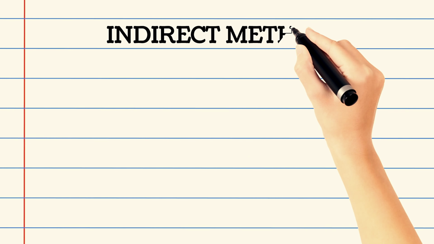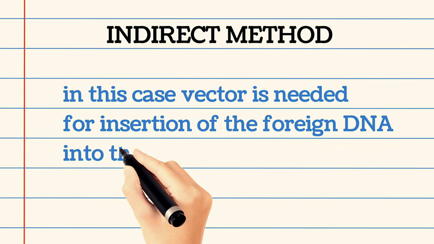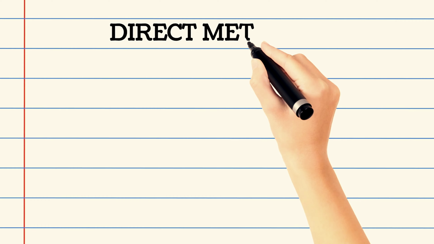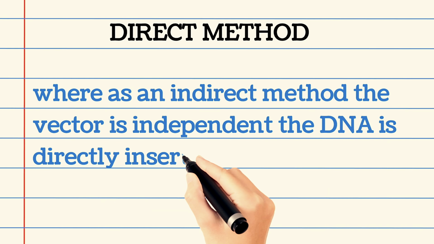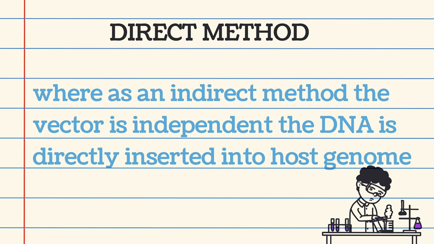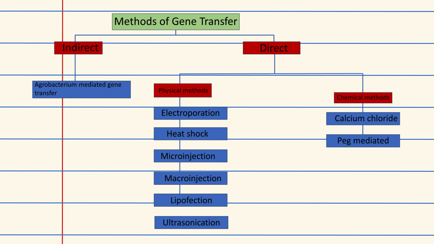Indirect methods, in this case, vector is needed for insertion of the foreign DNA into the host genome, whereas in direct method, the vector is independent. The DNA is directly inserted into the host genome. Indirect methods include Agrobacterium mediated gene transfer, and direct method is further classified into physical and chemical method.